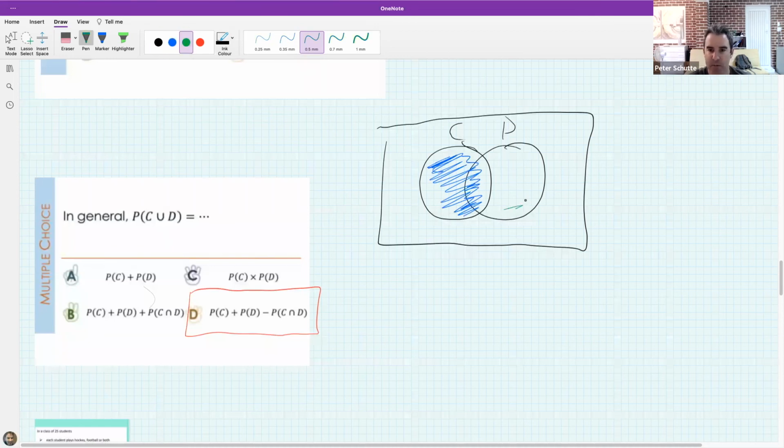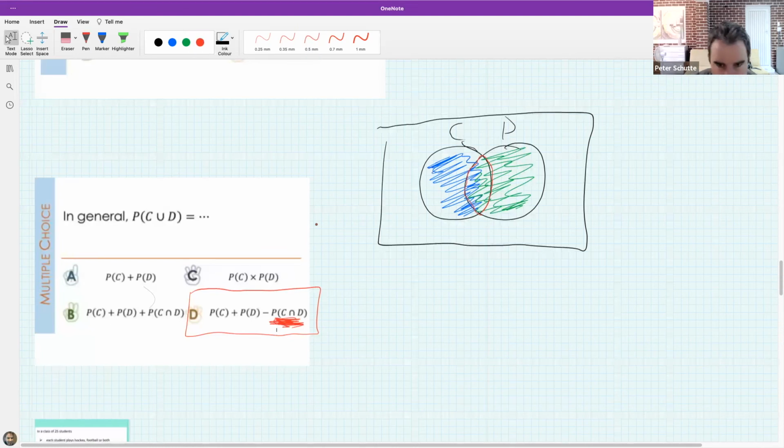And if we add the probability of D, it's this whole region. What you notice is we've double counted this region here, the intersection. We've counted it twice. That's why we have to subtract the intersection, or the AND of C and D, in order for this identity to be true.